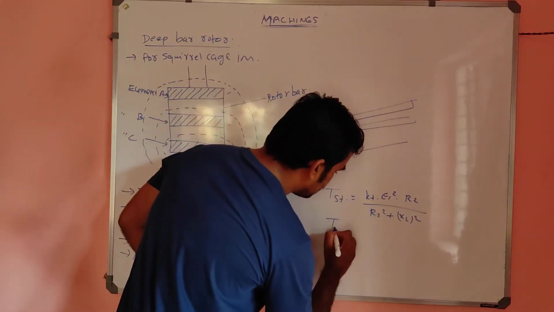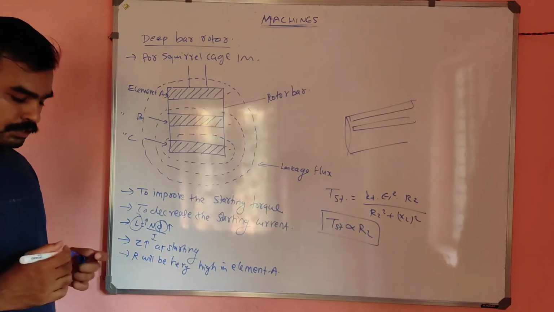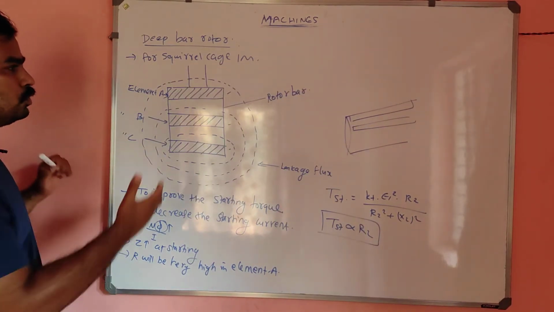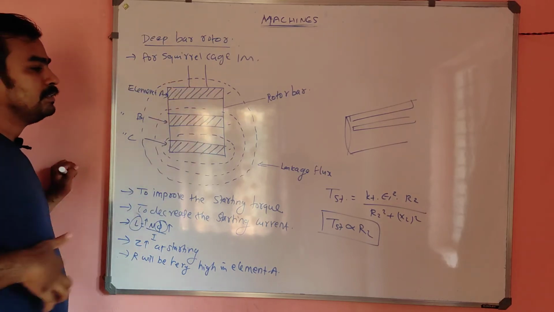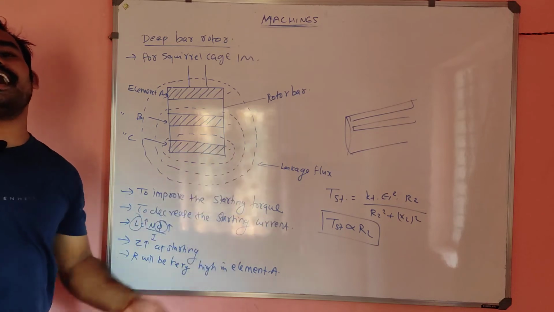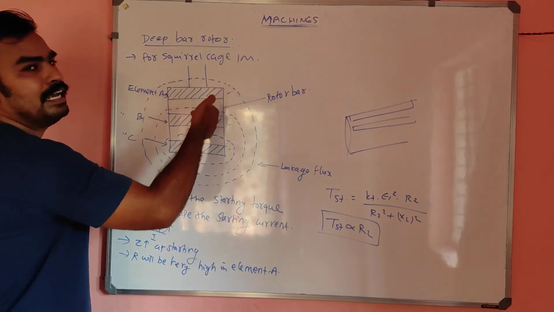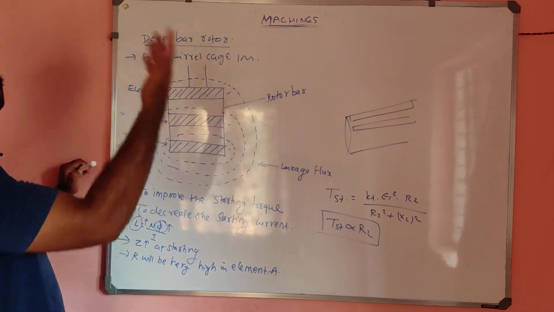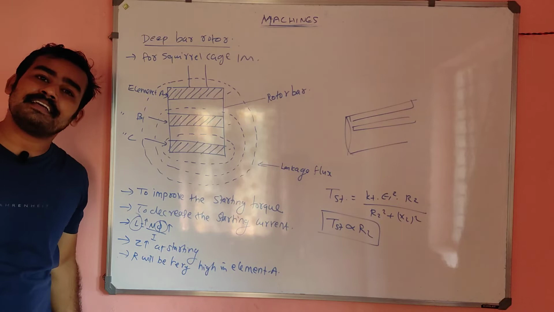That means the starting torque is directly proportional to R2. There is maximum flow of current in element A, and because the area of cross section of the top layer is very low, R will be very high. So the starting torque will be very high.